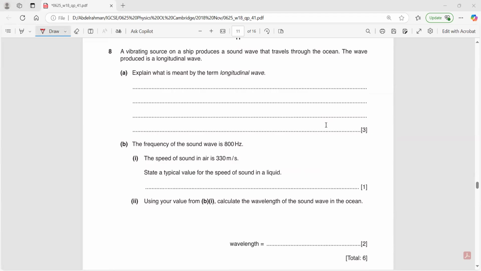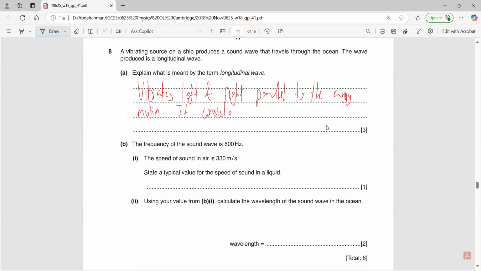It consists of compressions and rarefactions.